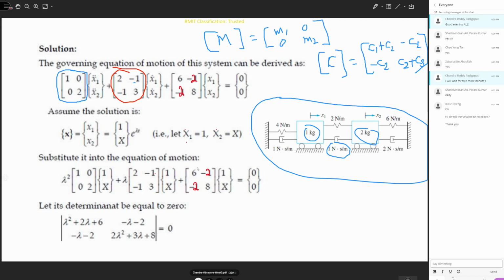The last one is your stiffness matrix. You can write K as the stiffness matrix: K1 plus K2, minus K2, then minus K2, then K2 plus K3.